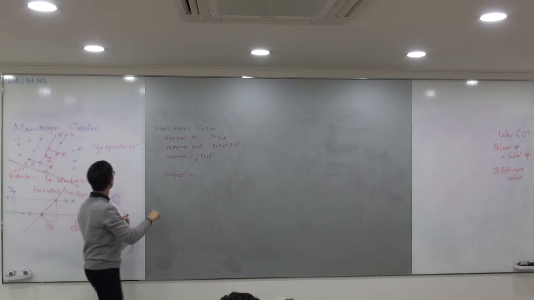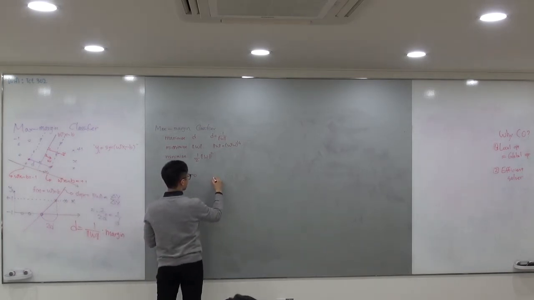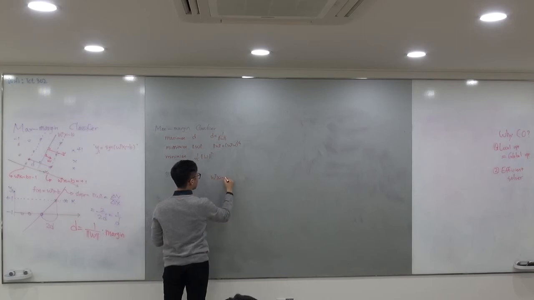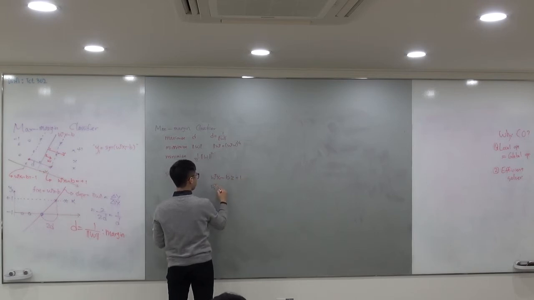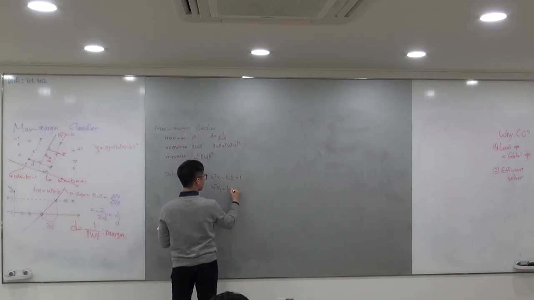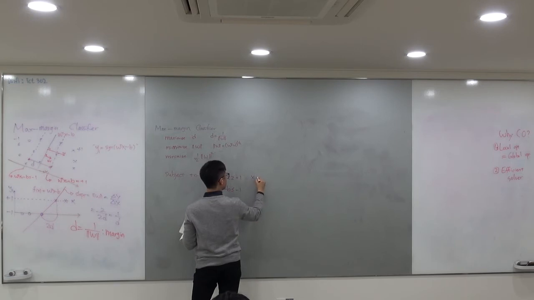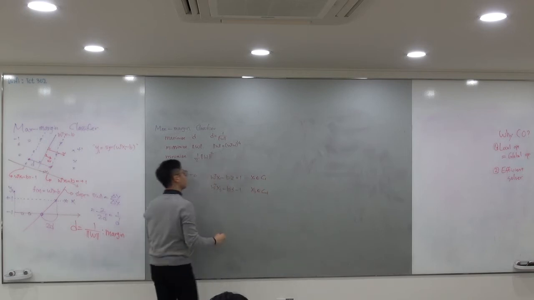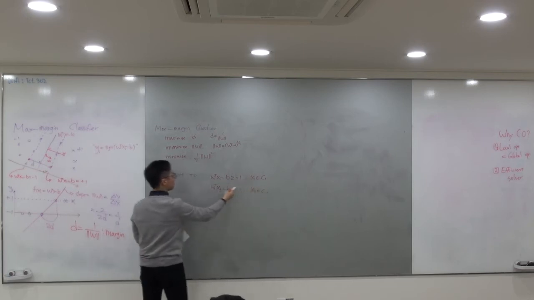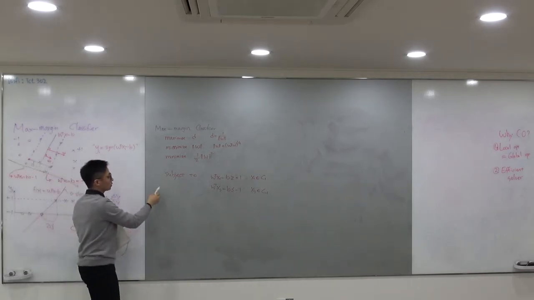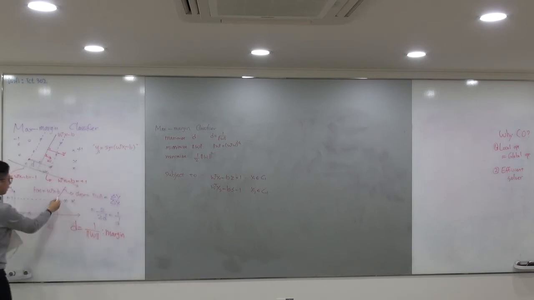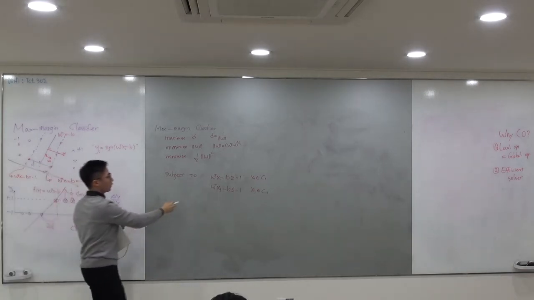So, subject to: if xi is in class 1, this should be bigger than +1 because f is increasing that way, and vice versa for the other class.